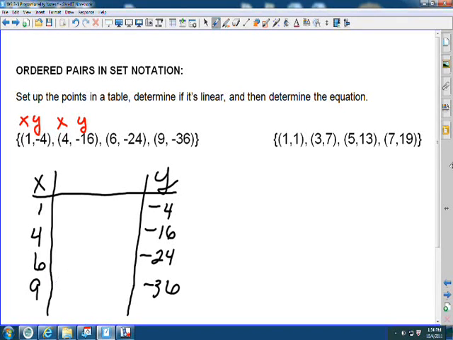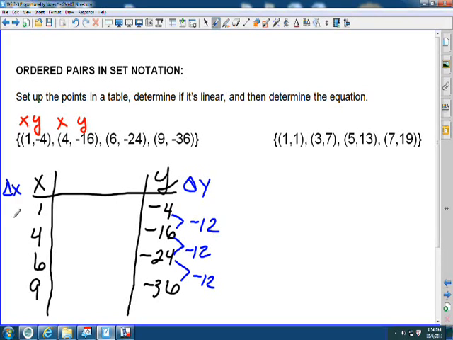So the first thing I would do here, I'm going to go up here and do delta y. The change in y right here, I'm getting more negative, so you take negative 16 minus negative 4. That's negative 12. I'm getting more negative, so I'm going to subtract. Let's see, what is that? That's negative 12 as well.